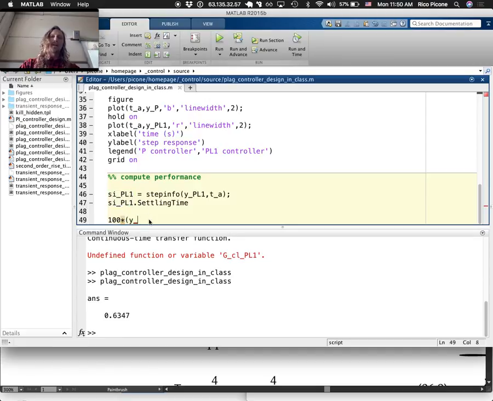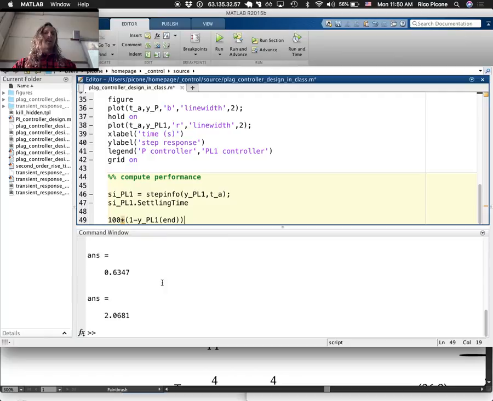So y PL1 end. We want it to be 1, right? It's a unit step, so 1 minus that is going to give us some fraction of 1, and then we multiply by 100, and that gives us a percentage. So this should be our steady state error. So 2% steady state error, we want it to be 1.8, right? Because we have about 18 to start, so we want to be about 1.8.